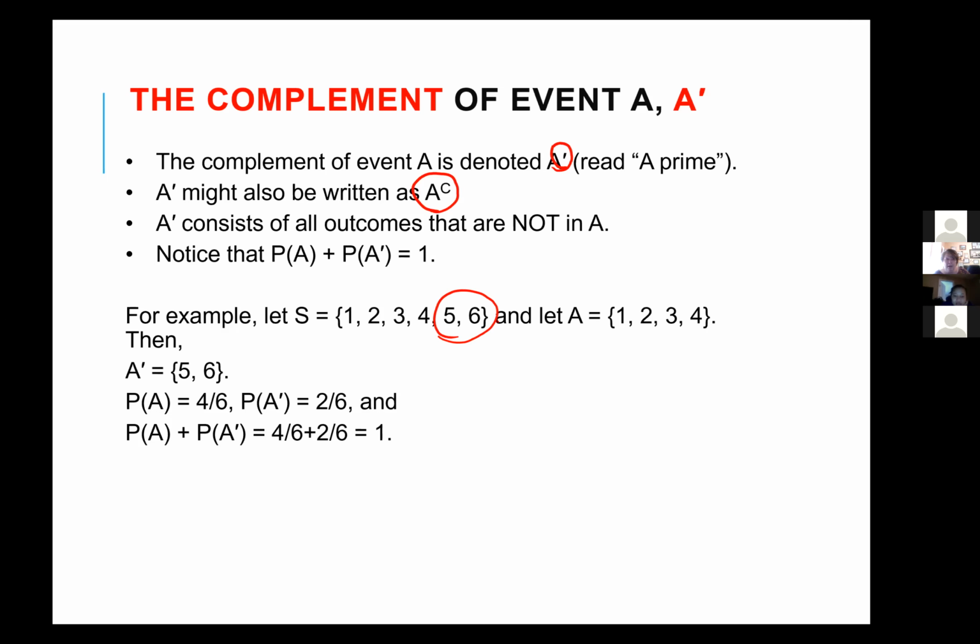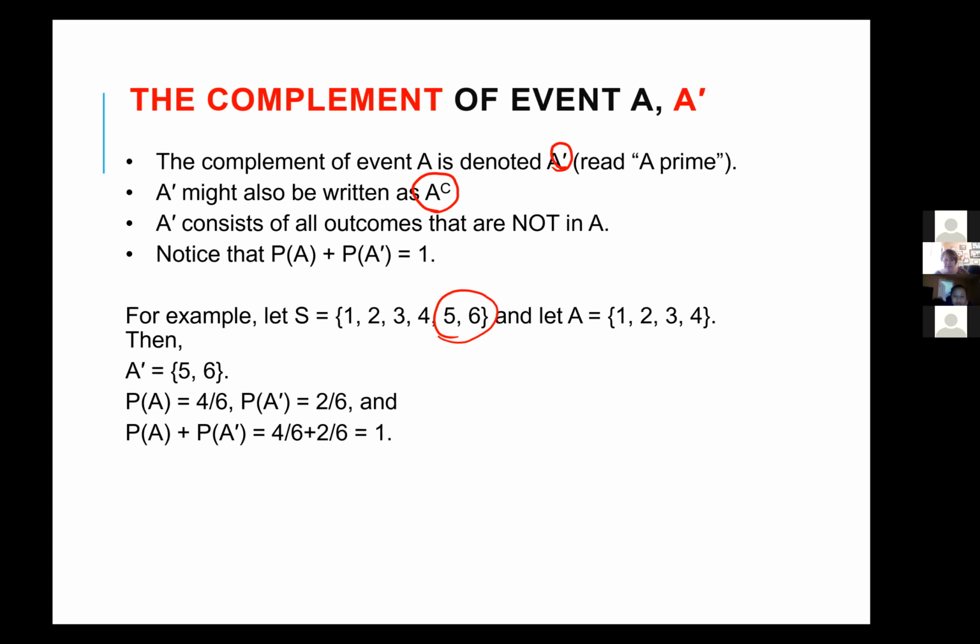Now the probability of A occurring, since we have 4 outcomes in event A, divided by the number in my sample space, which is 6, is 4 out of 6. The probability of A prime occurring, there are 2 outcomes in A prime, 5 and 6, out of the entire sample space, 6.